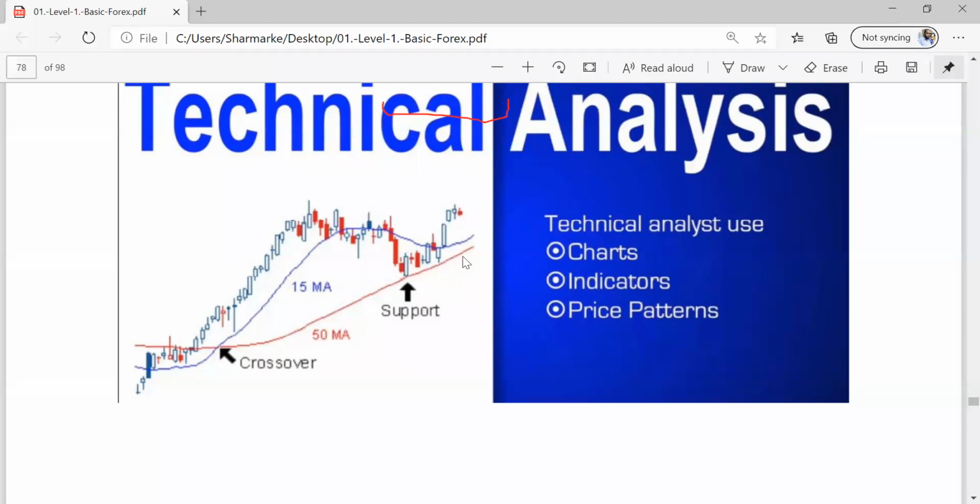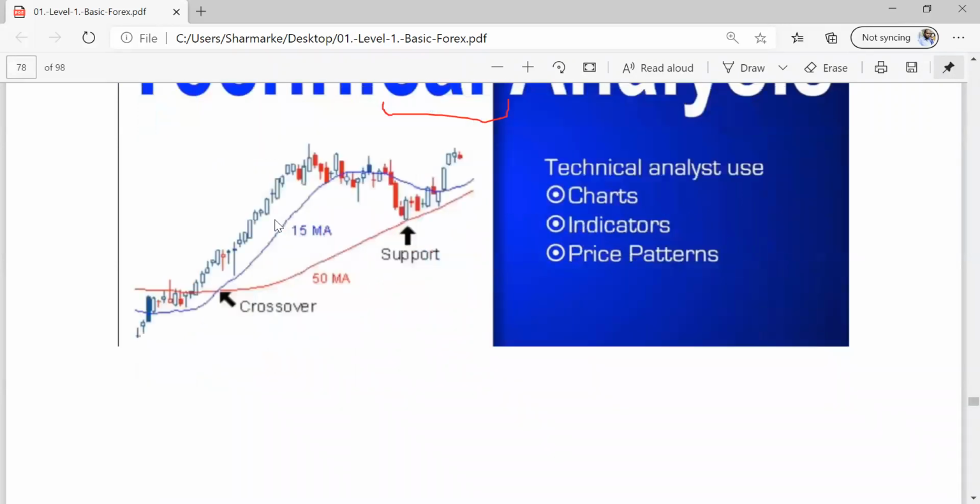The 50 EMA always gives you support because it goes under the price, and the 15 moving average always goes with the trend and the price. So usually there is a crossover. Whenever a crossover happens, that's when the breakout happens. So this is what technical analysis will help you do.